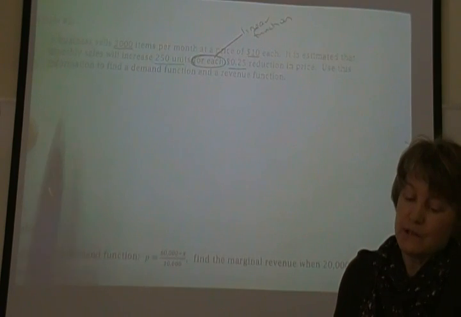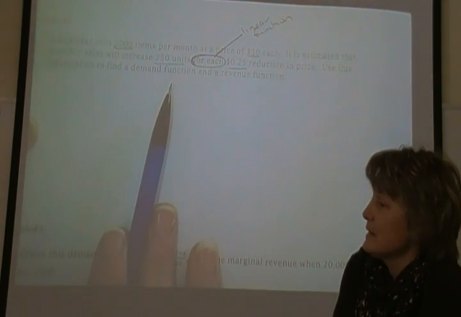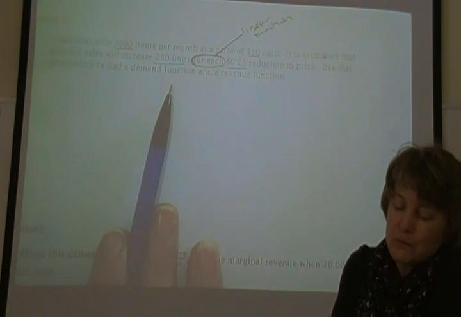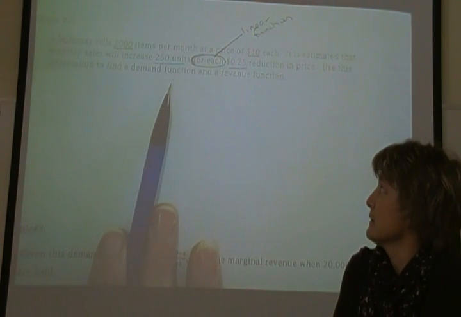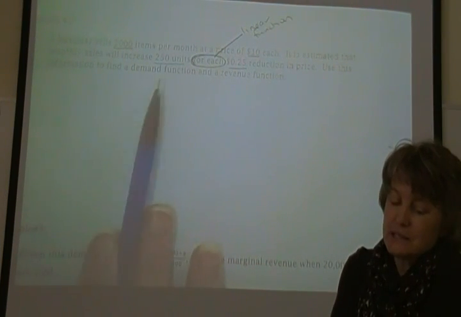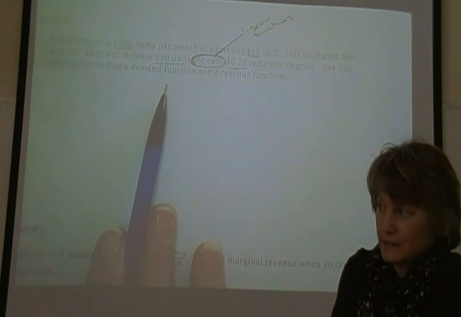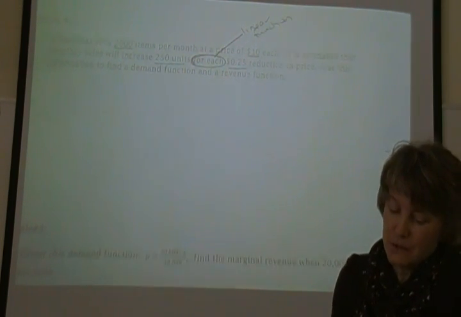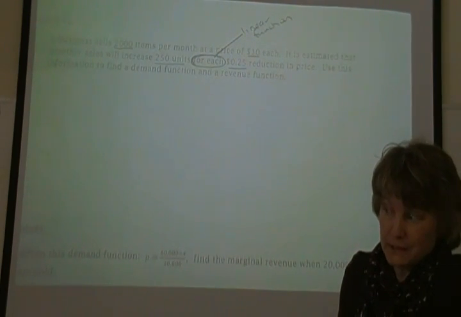So this again is one of those simplifications of reality that helps us be able to do the problem with the little bit of math that we know. So we're going to be simplifying things and making this demand function a line instead of a curve like it should be. So how do we come up with the equation of the line?